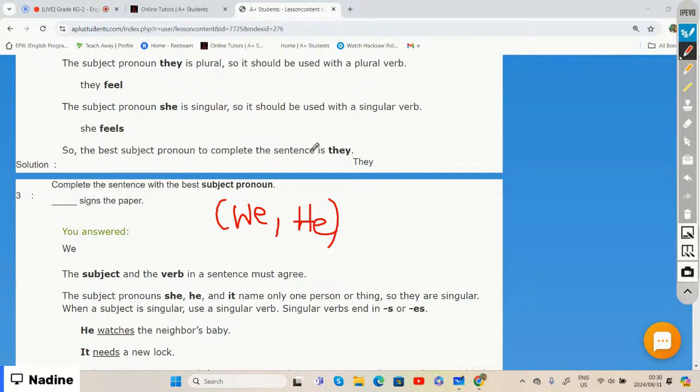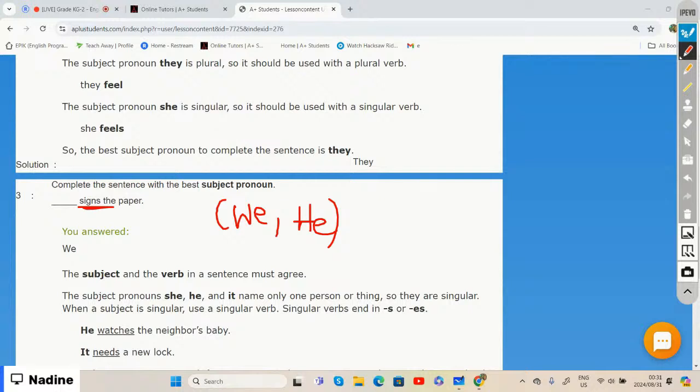All right, and if we were to choose our best subject pronoun, look at our verb. If the verb ends with an S, then it means that our pronoun needs to be singular.